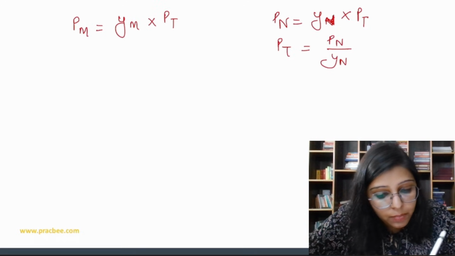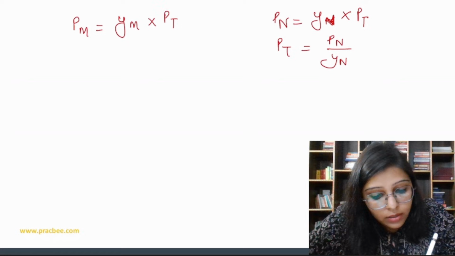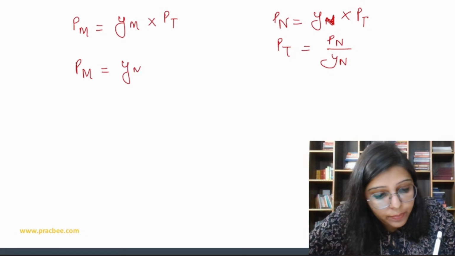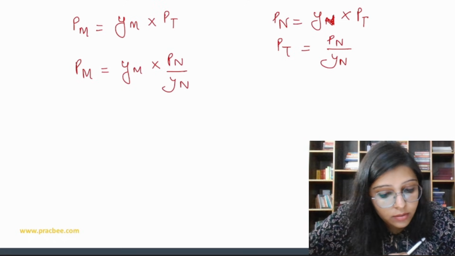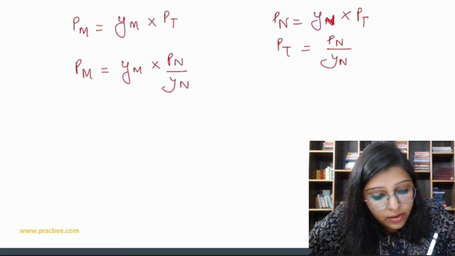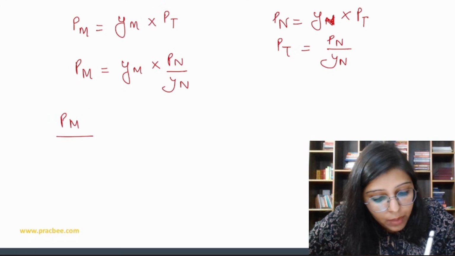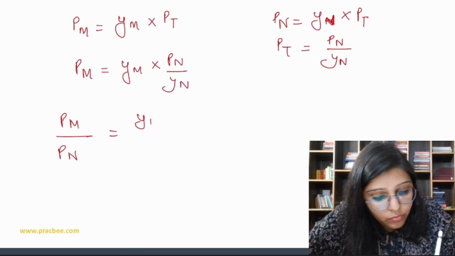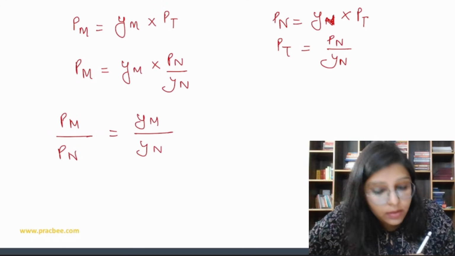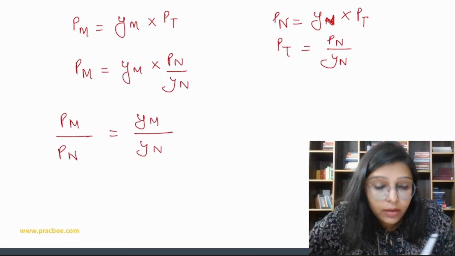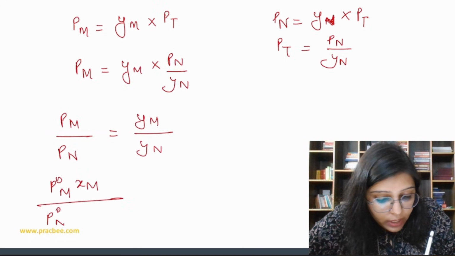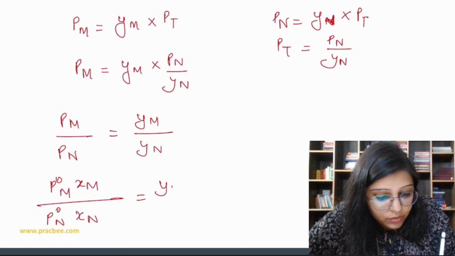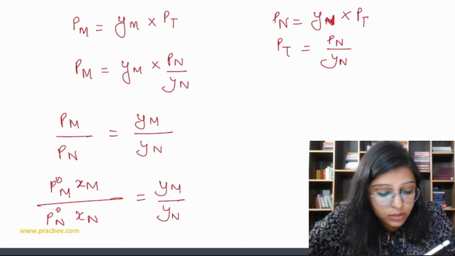Now we can say that PM is equal to YM, and in place of P total I can write PN upon YN. Okay. So we can write PM upon PN is equal to YM upon YN. PM upon PN we can write as P naught M XM upon P naught N XN, which is YM upon YN equal to this.